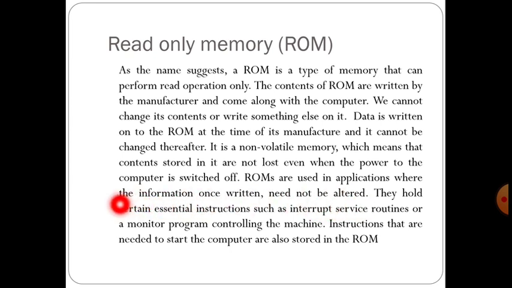They hold certain essential instructions such as interrupt service routines, or a monitor program controlling the machine. So instructions that are needed to start the computer are also stored on ROM. So ROM once written are not required for altering or manipulating the data.